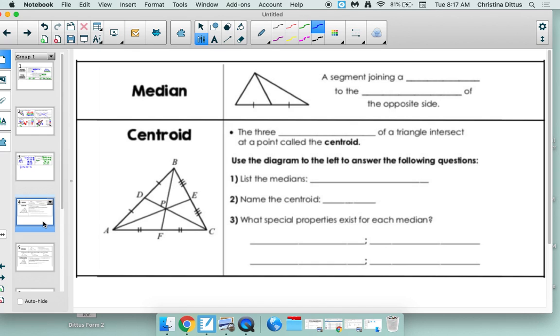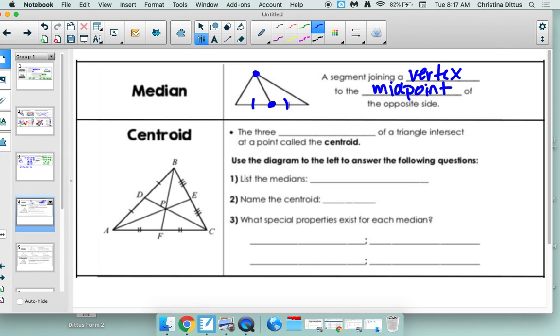Alright. Lesson 6 is all about medians and altitudes. Those are just two fancy terms for something that is kind of basic. A median goes from a vertex, a vertex is like an angle, to a midpoint. And I know that it's a midpoint because it has the dashes. So it joins a vertex to a midpoint.